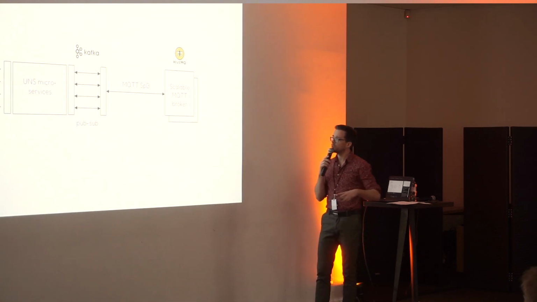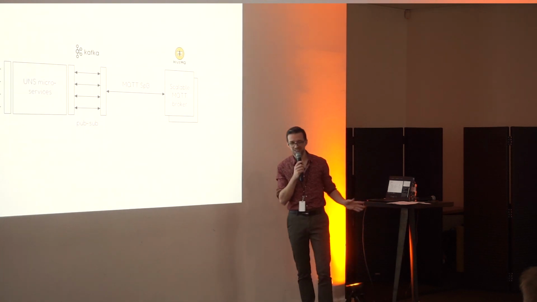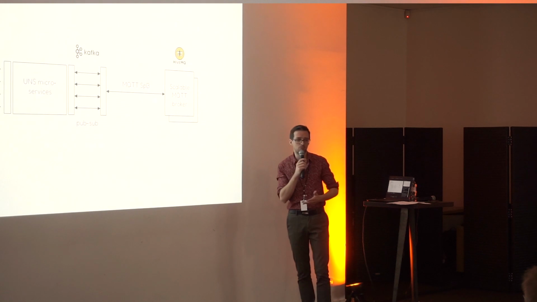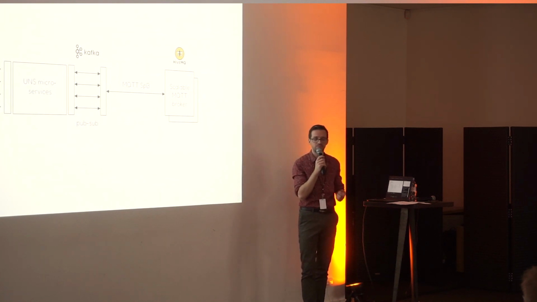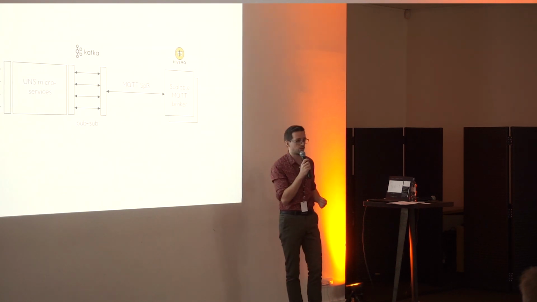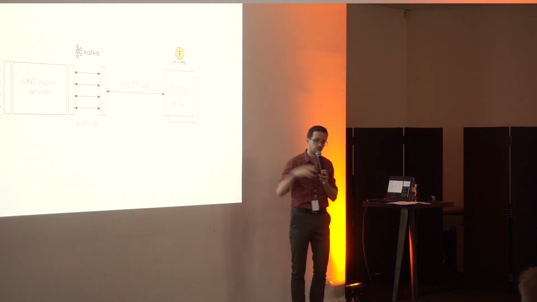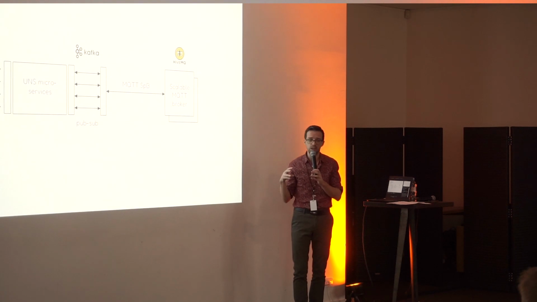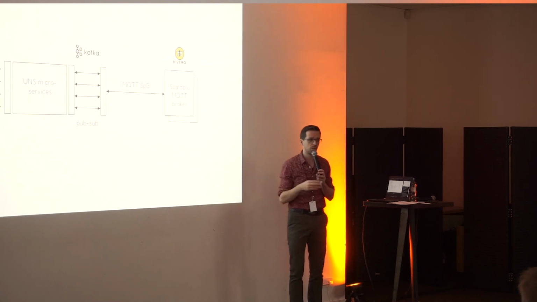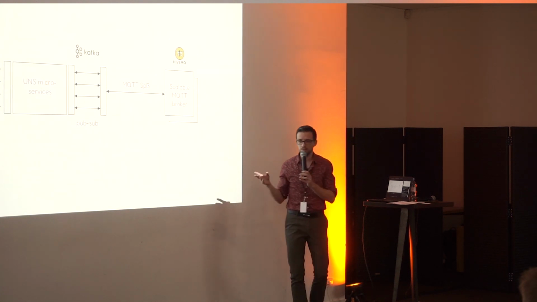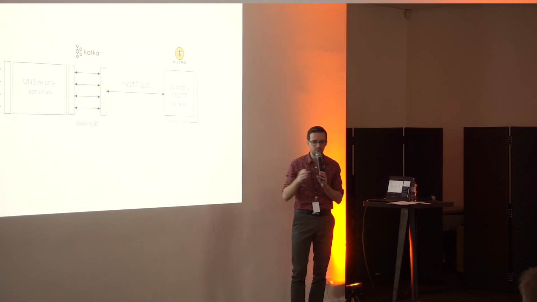Some people say MQTT is not as good for store and forward technology. I mean, if your broker is not on the edge device, I don't get how you can do store and forward with MQTT. So for me, MQTT goes with Kafka.